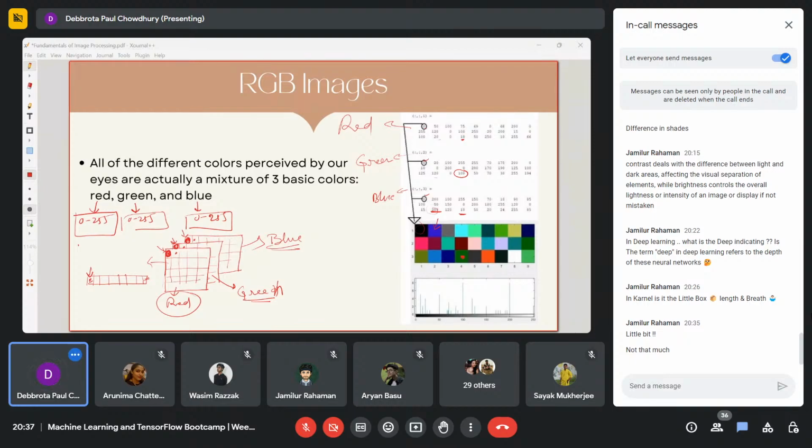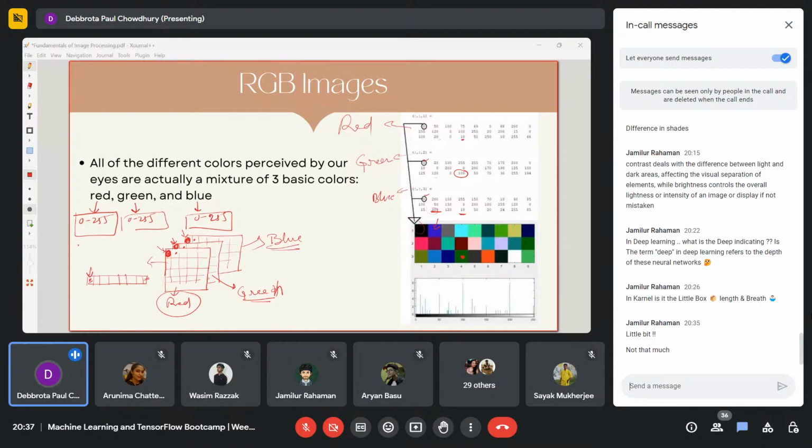But in deep learning the depth is, as you said, the number of layers we are using. So the more depth, the more deep, same thing.